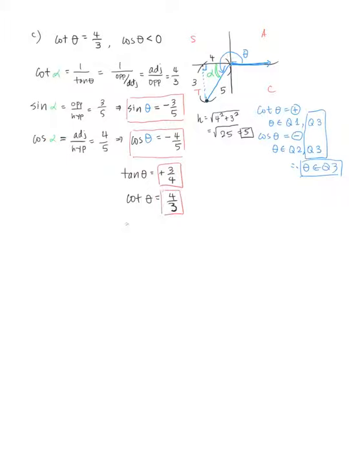Secant is 1 over cosine, so you're going to have negative 5/4. One more. Cosecant of theta is 1 over sine, so in this case you're going to have negative 5/3.